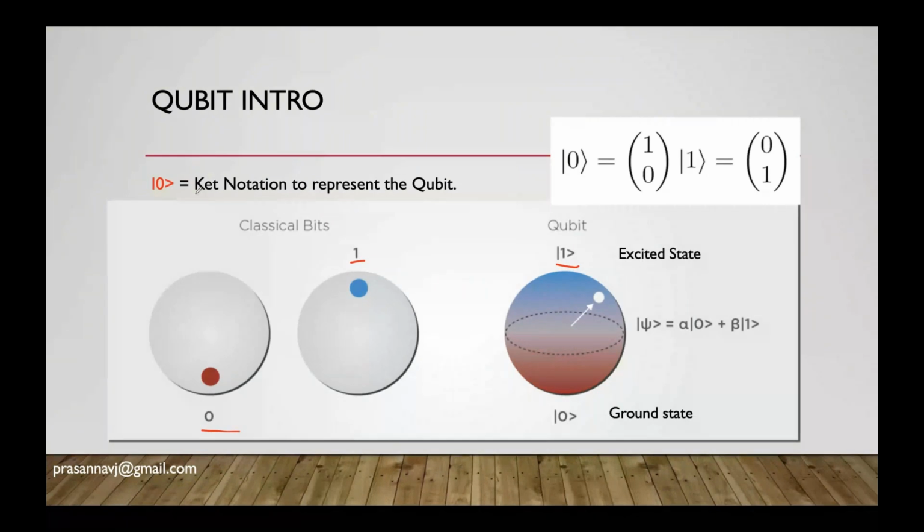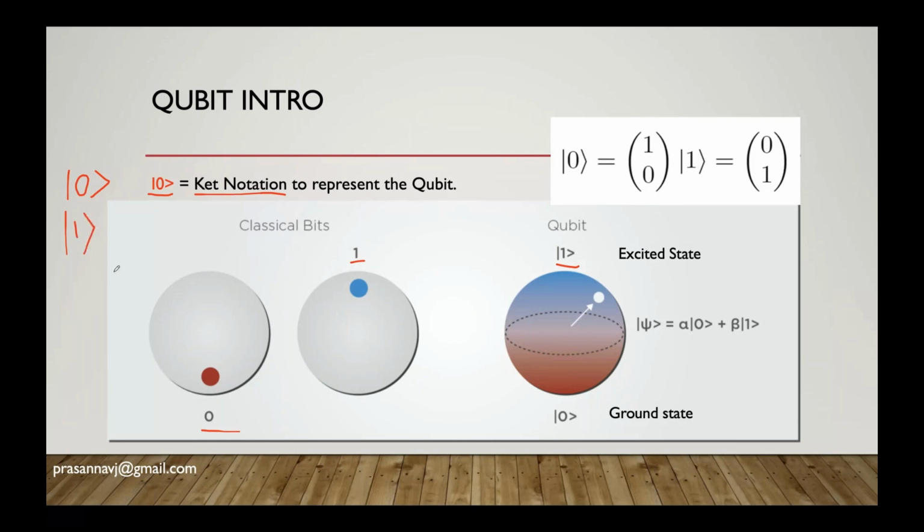You will have a line and an arrow like this. If you have 0, it is called 0 ket. If you have a 1, it is called 1 ket.